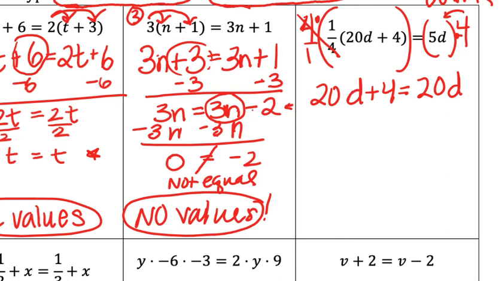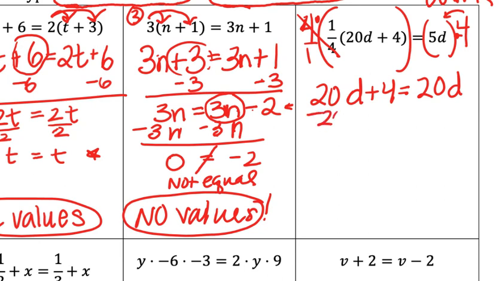So take a second, see what you think here. If you can predict what's going to happen. Now, if I think about what happened previously, I'm going to get 20 times the number adding 4 is never going to equal 20 times the same number.